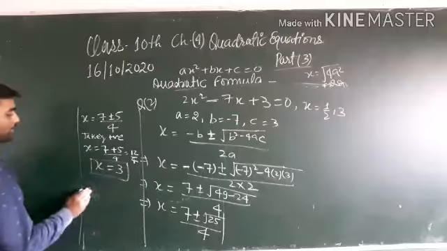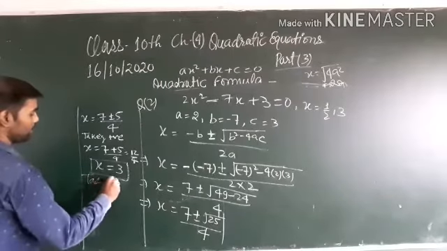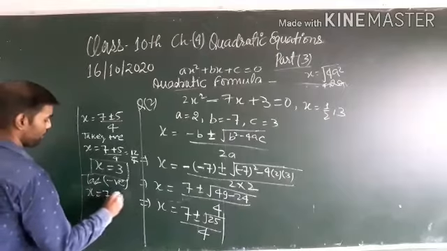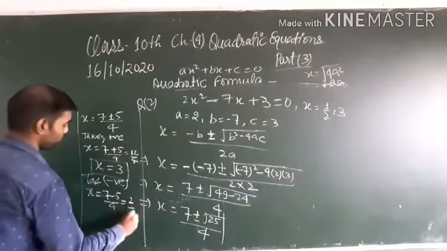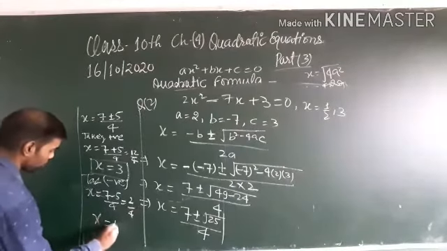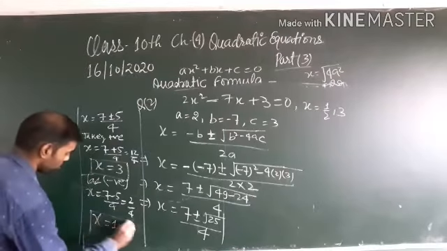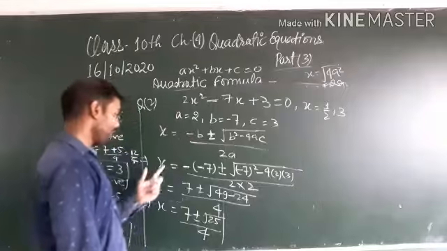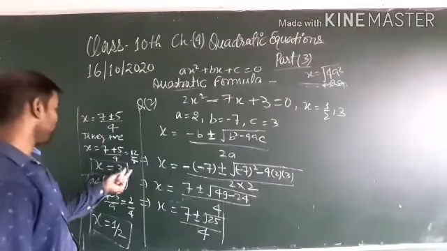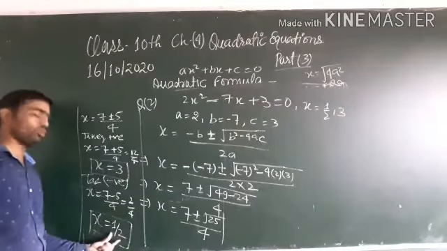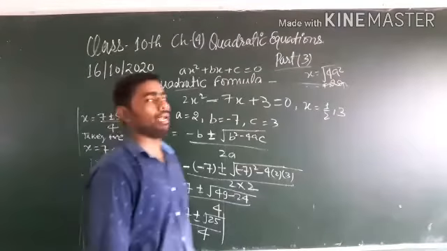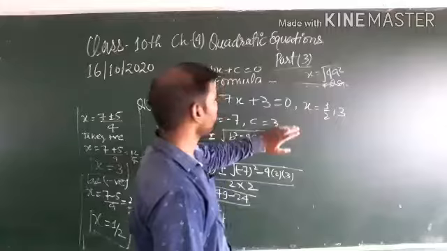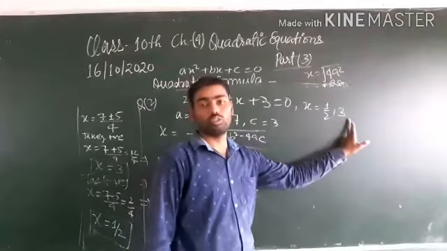Now taking the negative sign, x is equal to 7 minus 5 by 4, which is 2 by 4, so x is equal to 1 by 2. So by the quadratic formula the value of x is 3 and the value of x is 1 by 2, and by the method of completing the square you get x is equal to 1 by 2 and x is equal to 3.